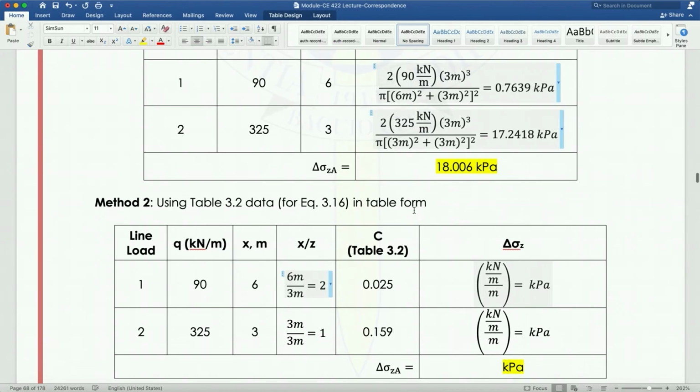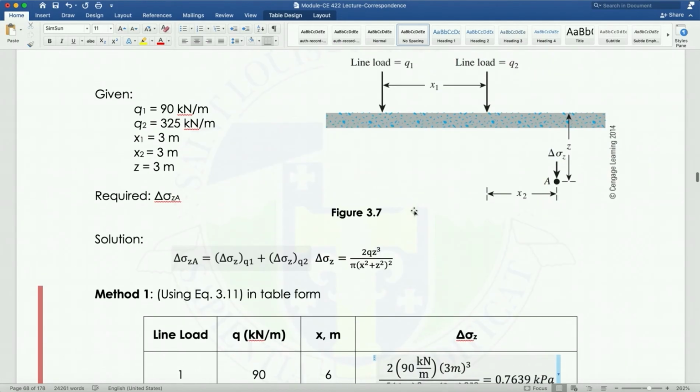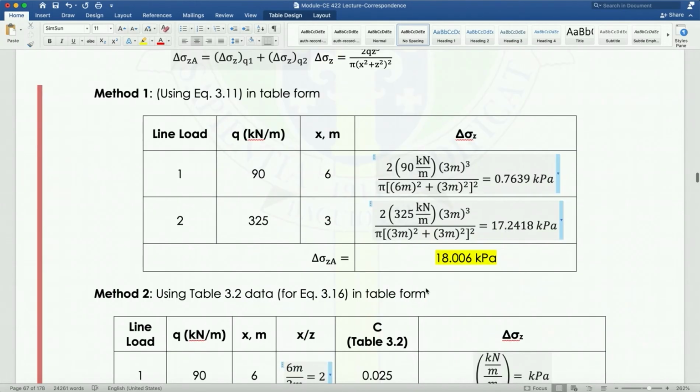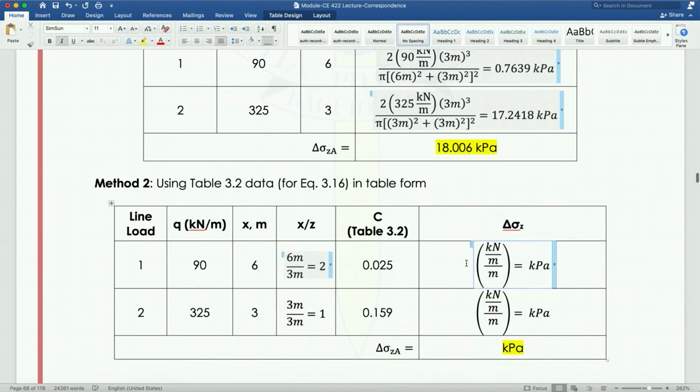Okay, so again, our working equation for the table would be c times q over z. Okay, so our c here is 0.025 times q. What is our q? We have 90 kilonewton per meter divided by the z, and our z here is equivalent to 3.